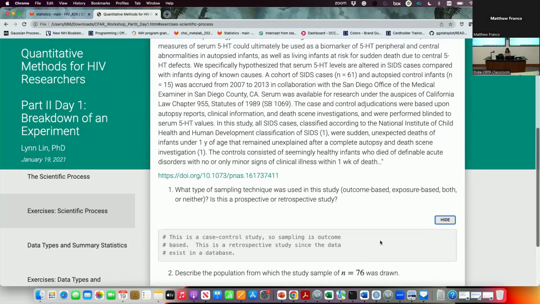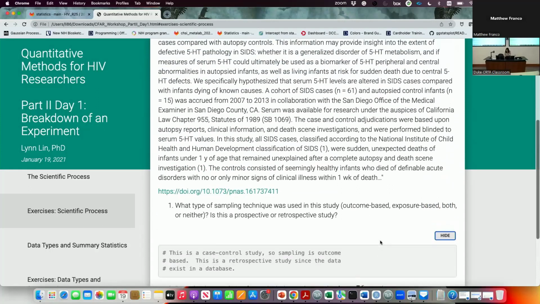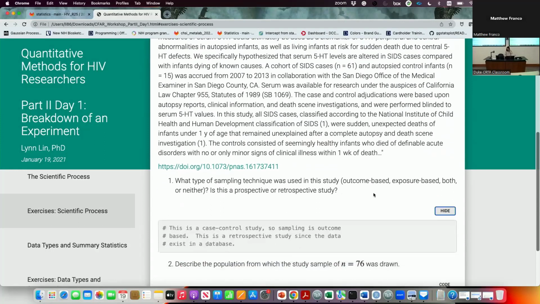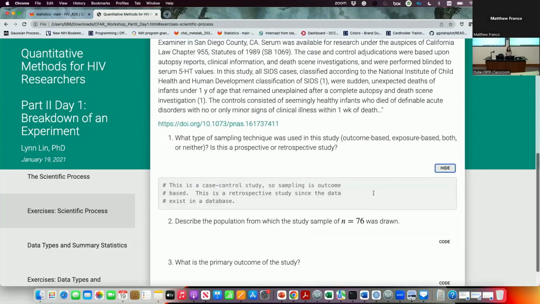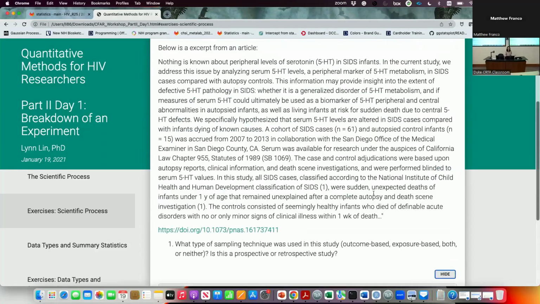Death? They are all dead, right? So what's the outcome? The cause of death? Yes. What's the cause of death? Well, it was this, and then there were controls that weren't.